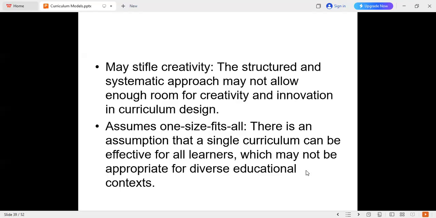They assume one size fits all. There is an assumption that a single curriculum can be effective for all learners. Individual differences and the needs of different community levels are not addressed, which may not be appropriate for diverse educational contexts.